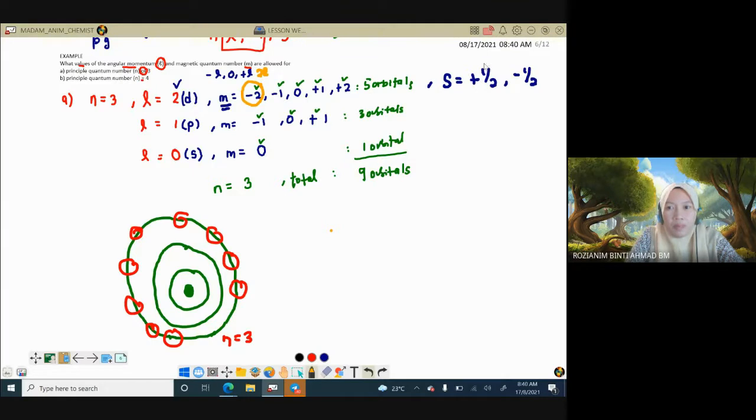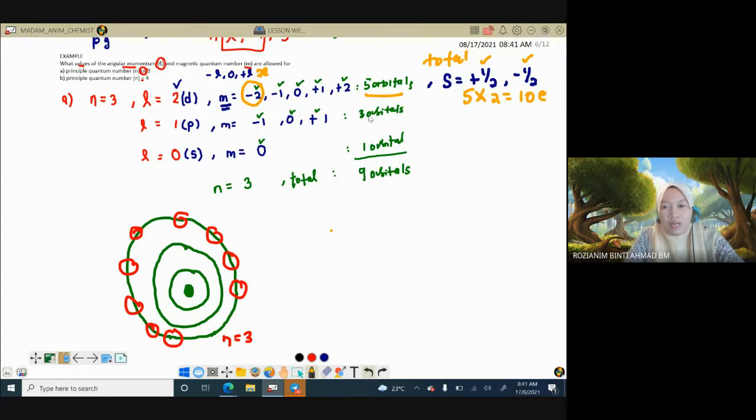Maybe positive half, maybe negative half. So therefore, disebabkan dalam shell L equal to 2, M we have a 5 orientation, therefore we have a 5 orbital, total elektron kita hanya jumpa berapa? So maksudnya 5 kali 2. So maksudnya kita boleh jumpa 10 elektron total dia.